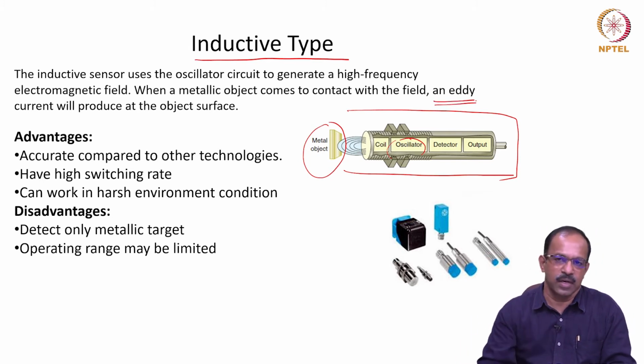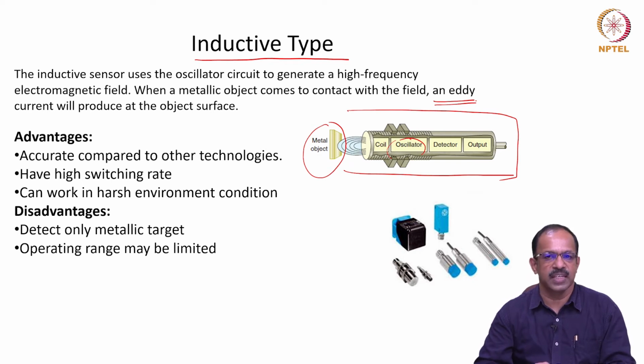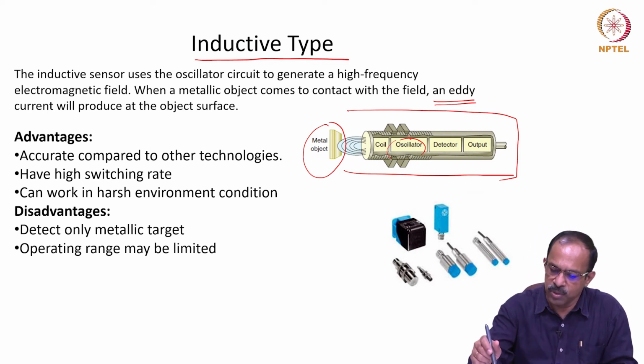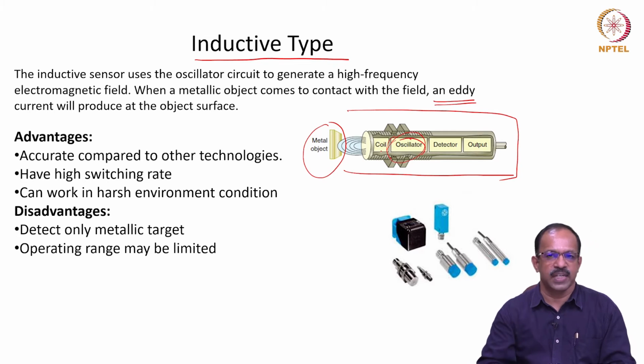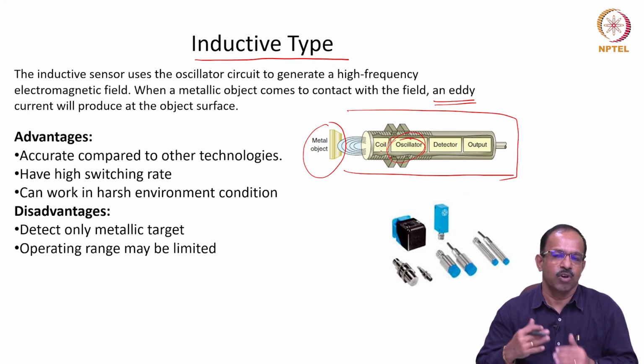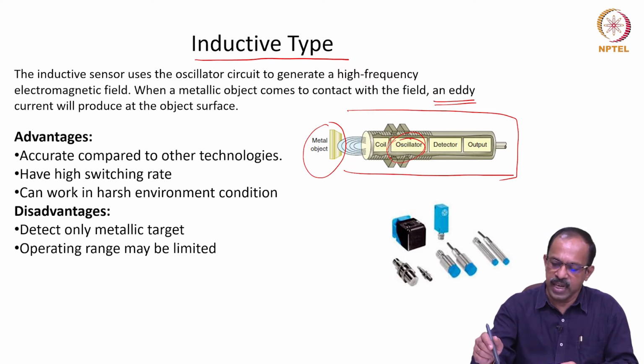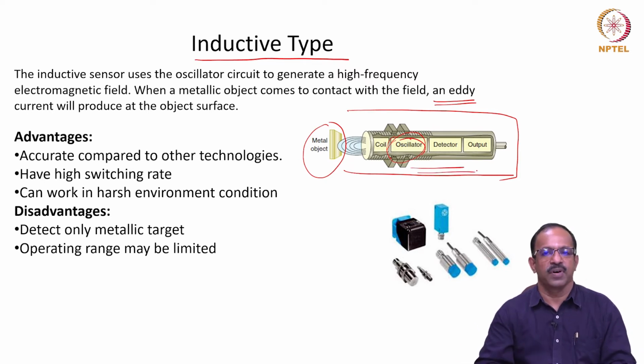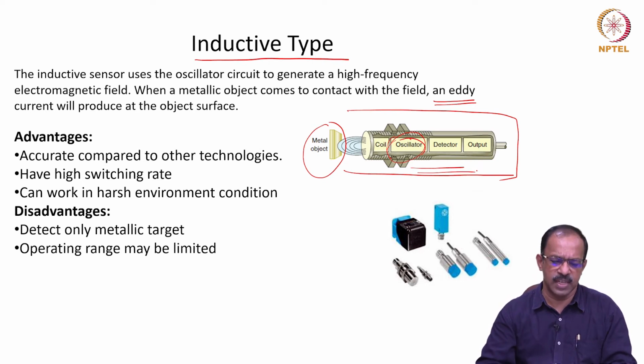As the object gets closer, the eddy current increases, and that leads to changes in the oscillator. The oscillator will not be able to provide the necessary oscillation as the current increases, and that can be used as a measure of an object close to the sensor.